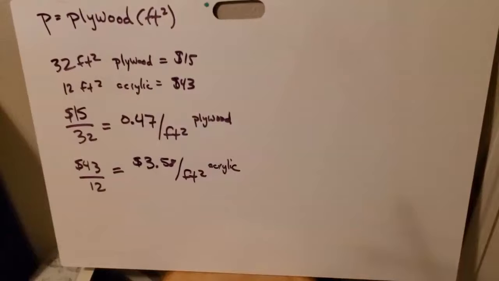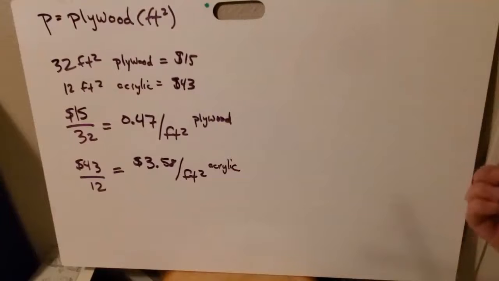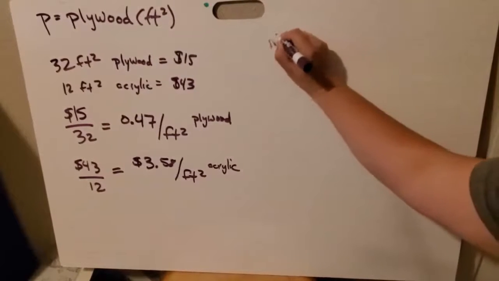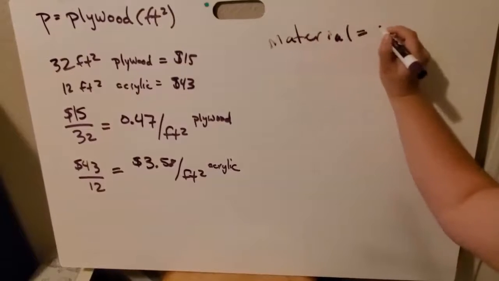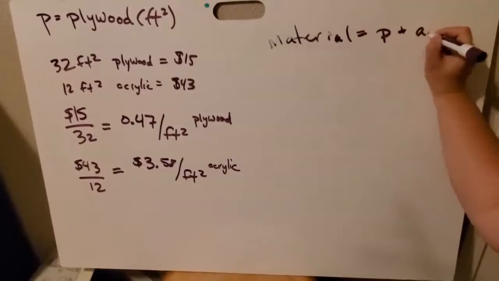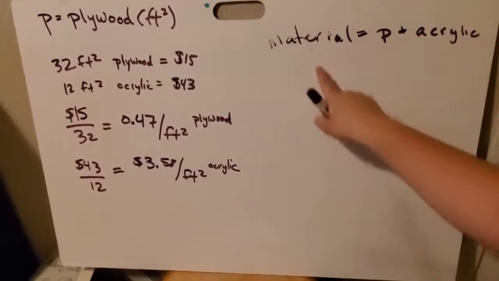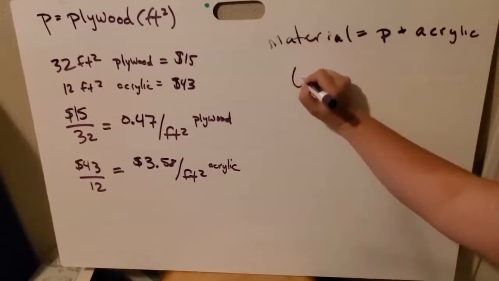So let's figure out how we can write the amount of material we're using with the variable p. The total amount of material we're using is going to equal plywood, p, plus acrylic. And the problem tells us that the total amount of material we're using is going to be 6 feet squared.